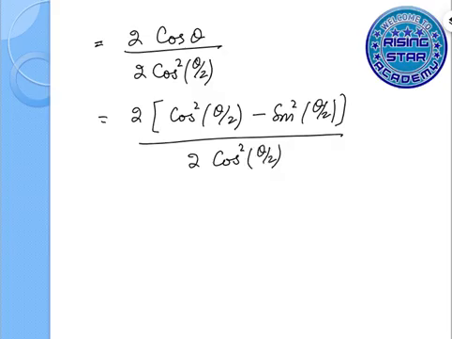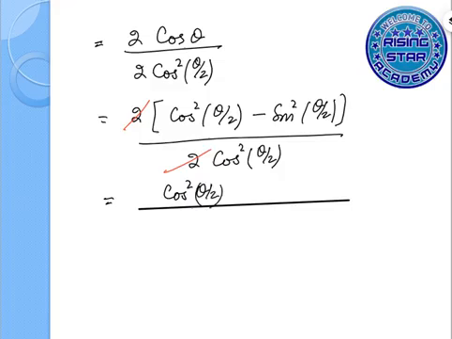In the next step, this 2 is going to cancel with 2. So we have cos square of theta by 2 minus sine square of theta by 2 divided by cos square of theta by 2.